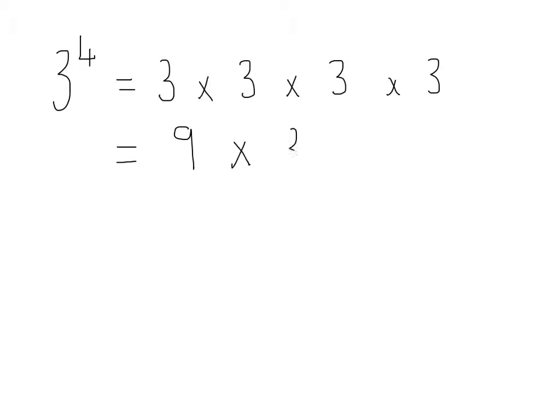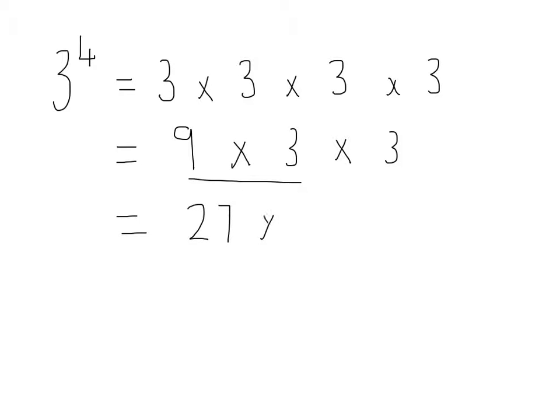So let's have a look at one final example. 3 to the power of 4 is just the same as saying 3 times 3 times 3 times 3. So 3 times 3 is 9, times 3 times 3. Let's solve the next equation, which is 9 times 3, that is 27.